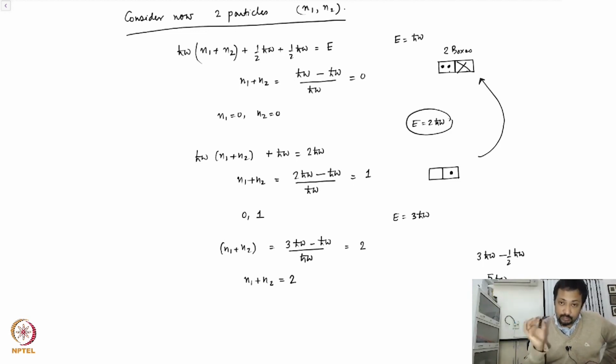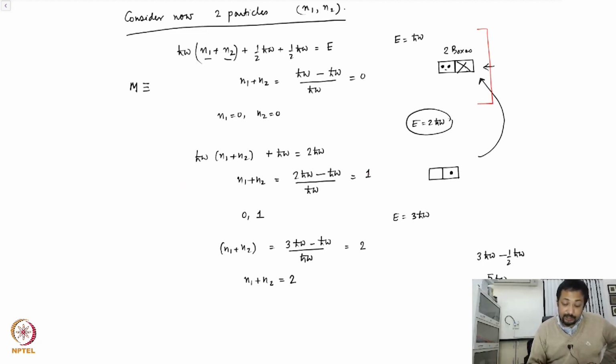Sorry, the other way around, 2 particles, n1 and n2, 2 boxes. This quantity, which is identical to m, is 0, means no particle. You have no particles to play with. They have to be there in that box when you have this case.